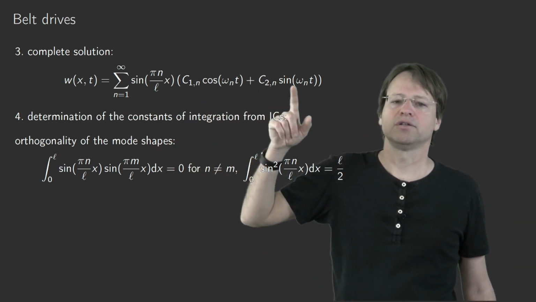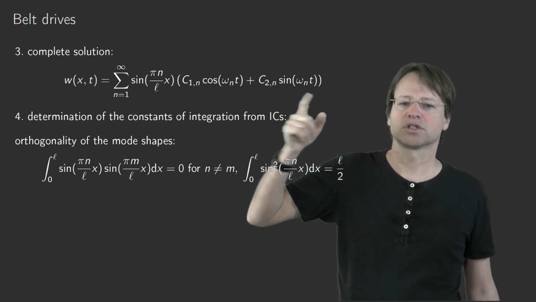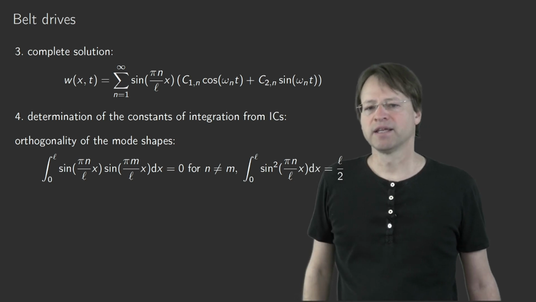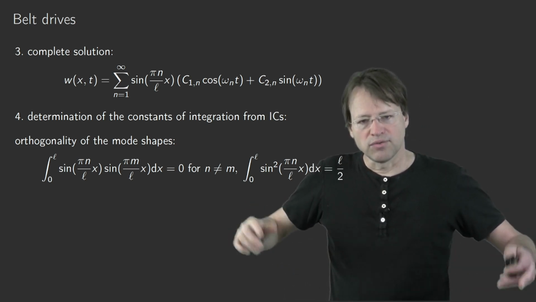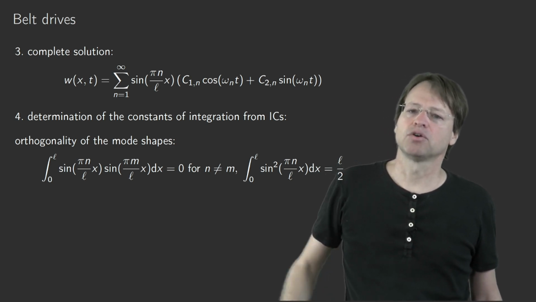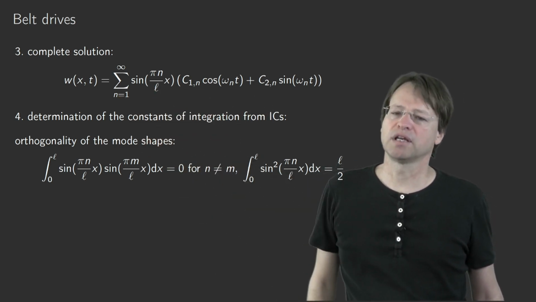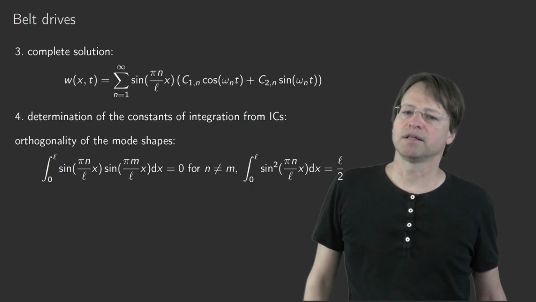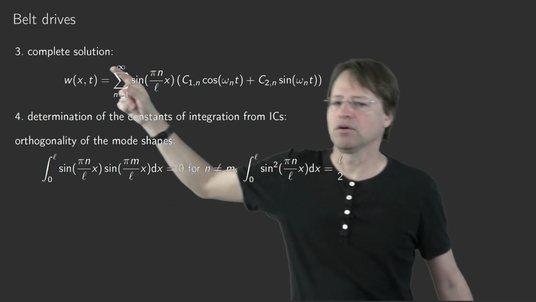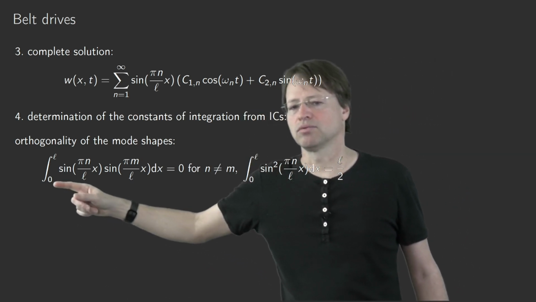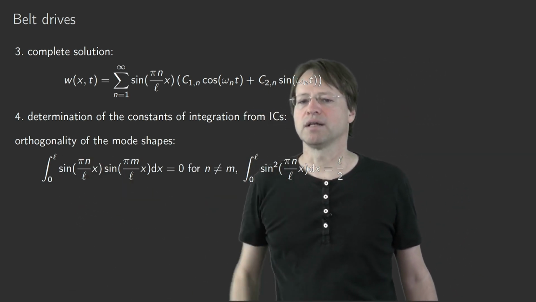On the right hand side, you would lose the sine term and you would just get the coefficients c1n. You determine these coefficients that appear inside that sum by multiplication of the left and the right hand side of the equation with a certain sine function, pi m divided by L times x, and then you integrate on the left hand side and on the right hand side with respect to dx from 0 to L.